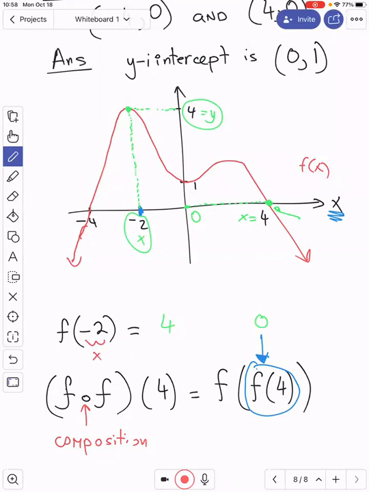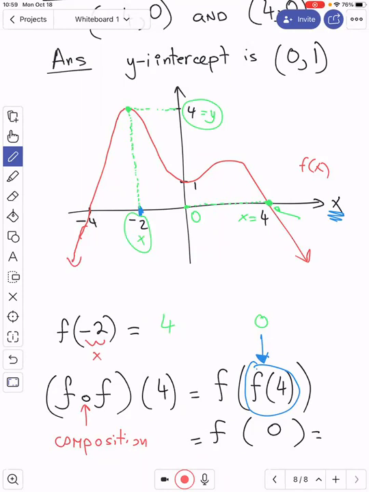So what's inside the parentheses? It's a 0. There are two f's: an f outside the parentheses and an f inside. The f inside the parentheses applied to 4 gives 0. Now the second step, we need to find f of 0.